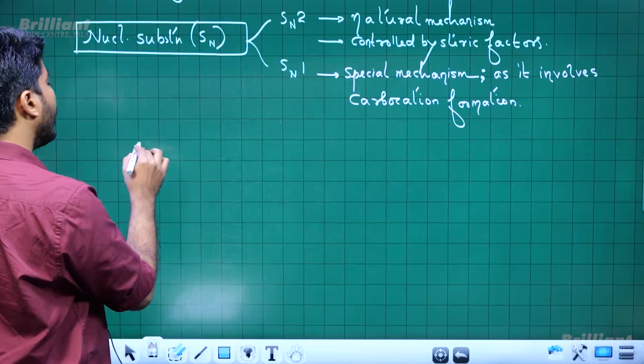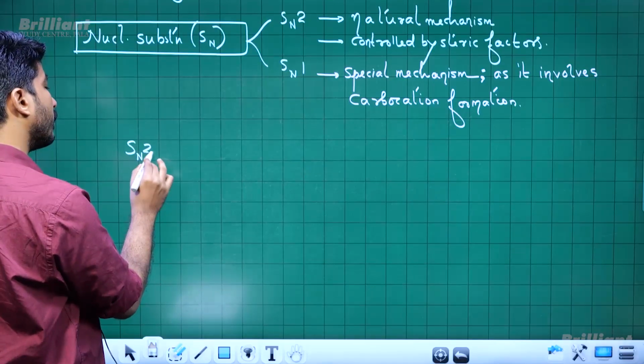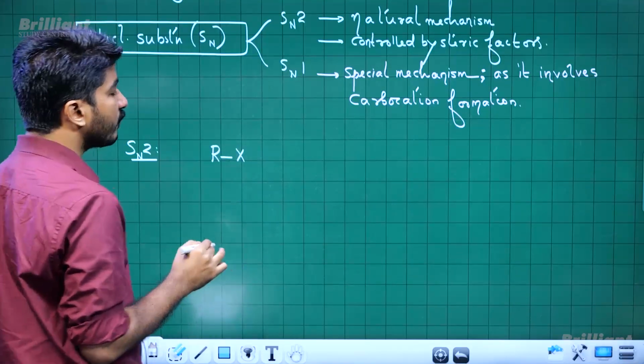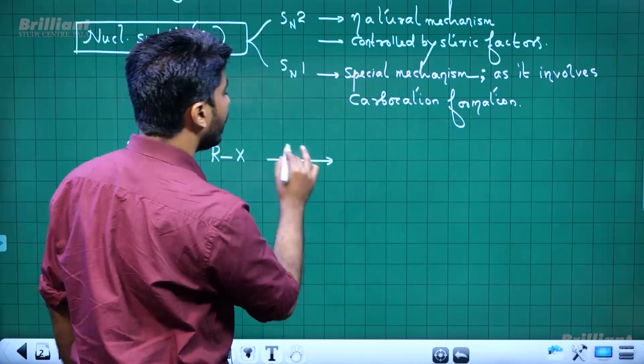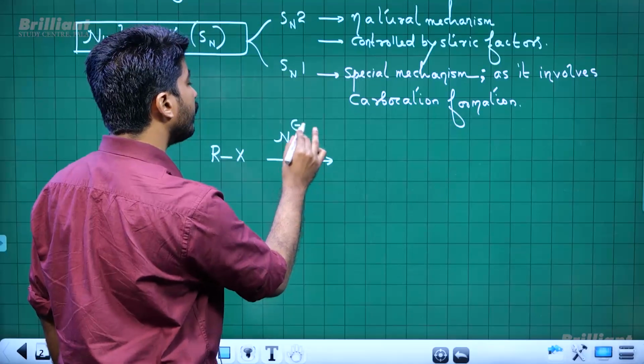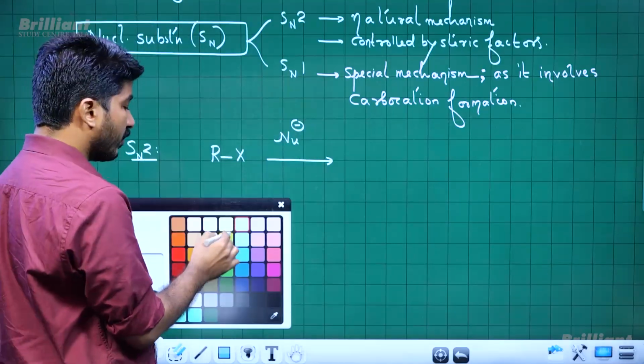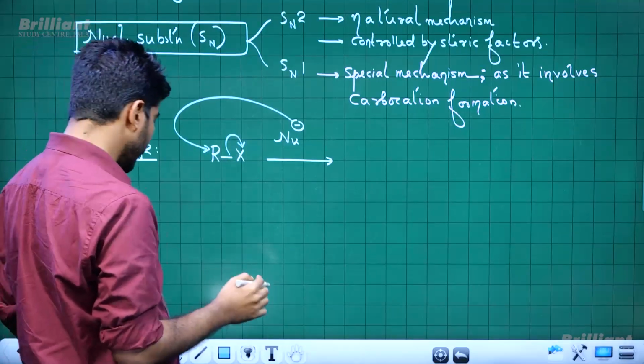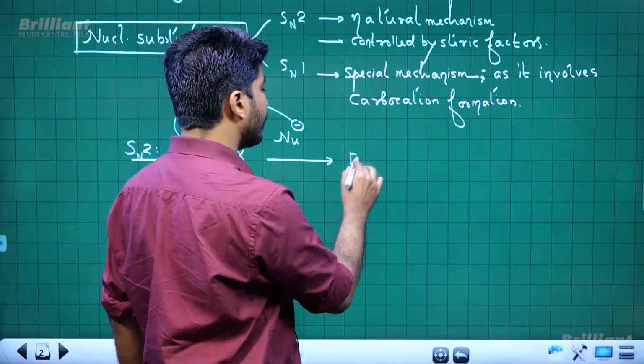First of all, let's outline the two mechanisms. We have our haloalkane RX, and we are taking a nucleophile, let's say Nu minus. SN2 means it is just doing a backside attack and the halogen leaves as a halide ion. Single step reaction, right?